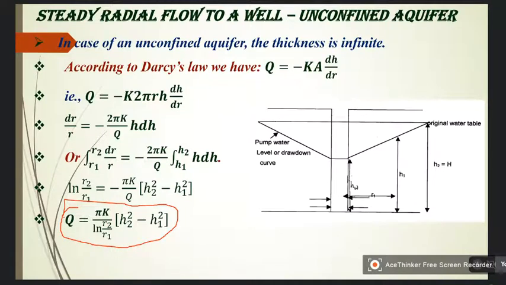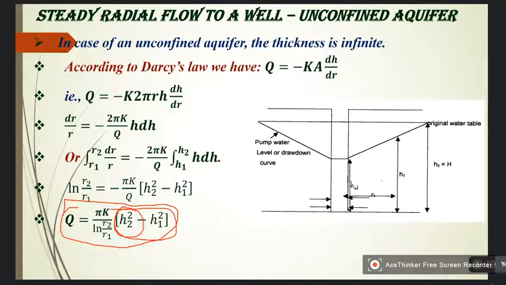So therefore, in the case of unconfined aquifer, you can see the drawdown is in the form of a, or the discharge is proportional to head square.